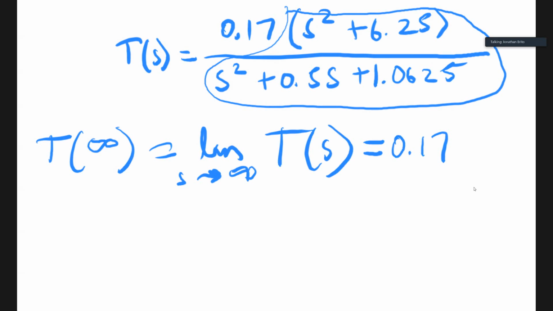But if I was just saying, hypothetically, a second order high pass filter with a high frequency gain of unity, does that also mean T of 0 equals 1? No. What I'm saying additionally is that it should not be phrased that way. It should be phrased, for example, for the high pass, the gain at infinity is unity.